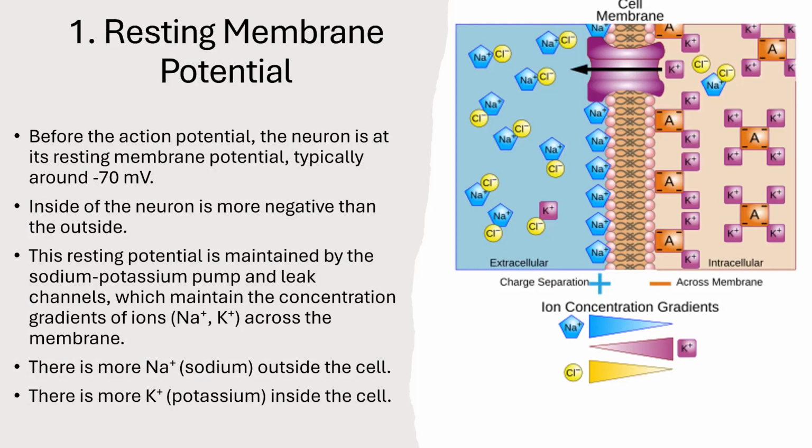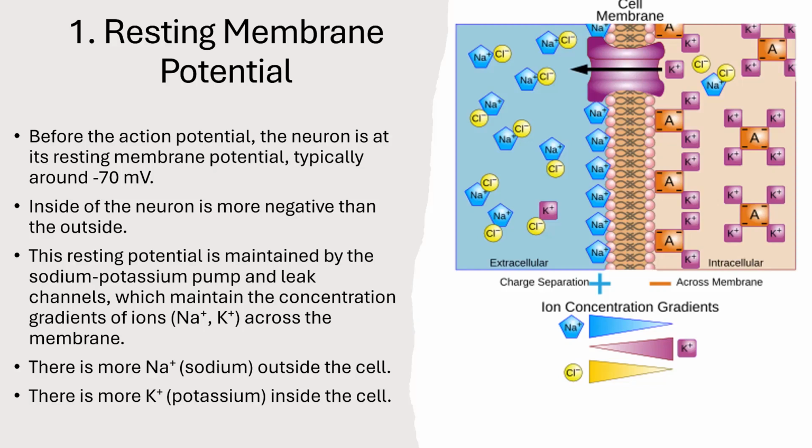Now, before the action potential, the neuron is at its resting membrane potential, which we previously saw, and this is typically around -70 millivolts. This means that the inside of the neuron is more negative than the outside.